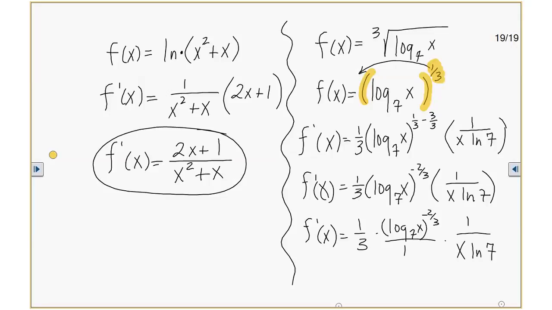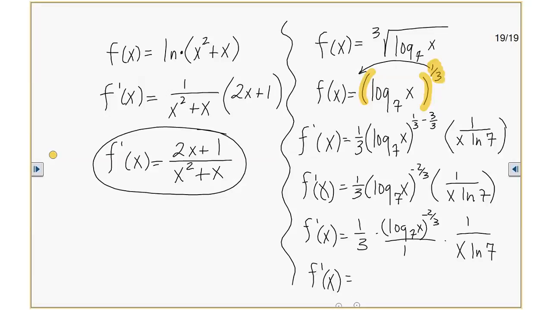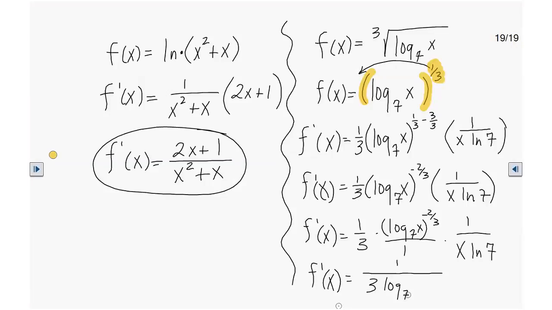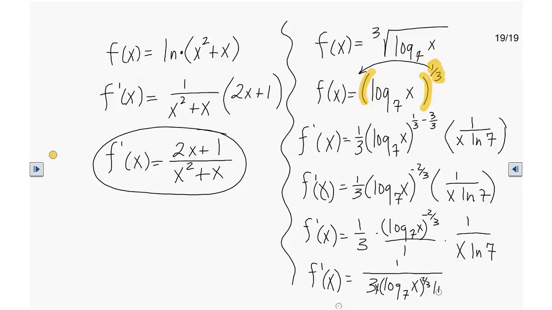And now you can bring all this down, and that's going to be f prime of x is equal to, what will be on top? 1 over 3 log base 7 of x to the 2/3 times x, you put that x right here, natural log of 7.